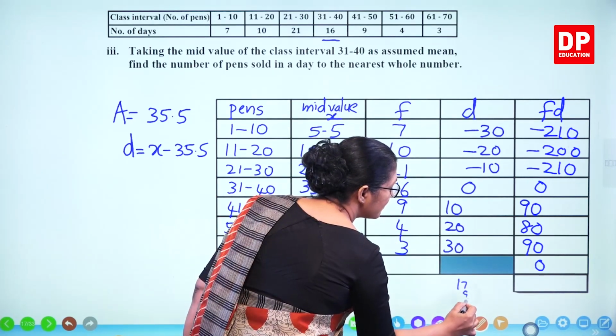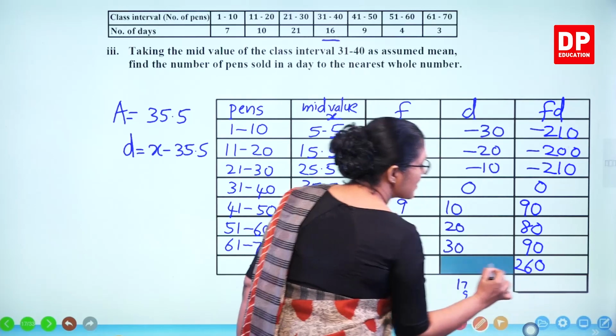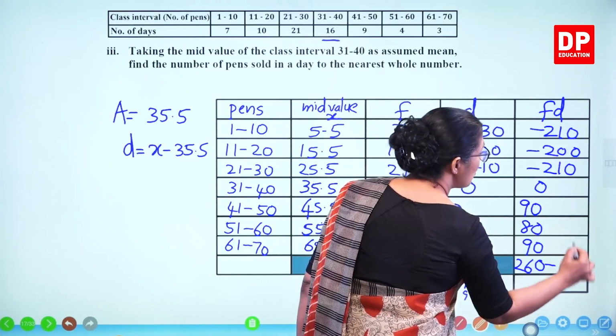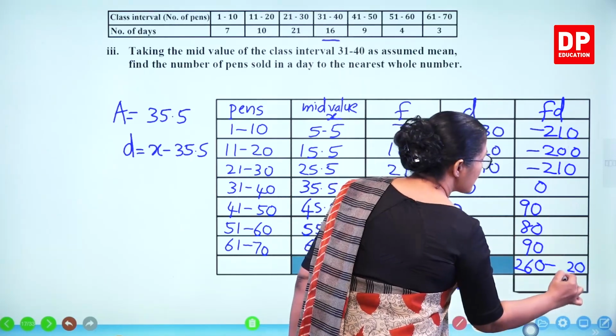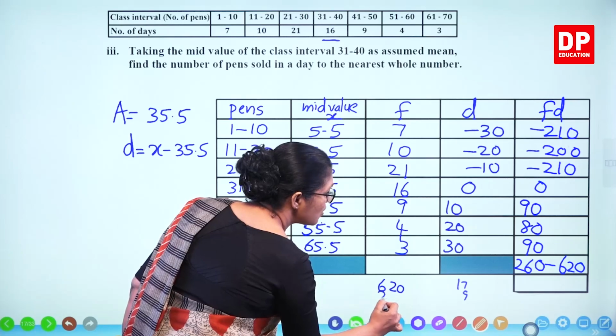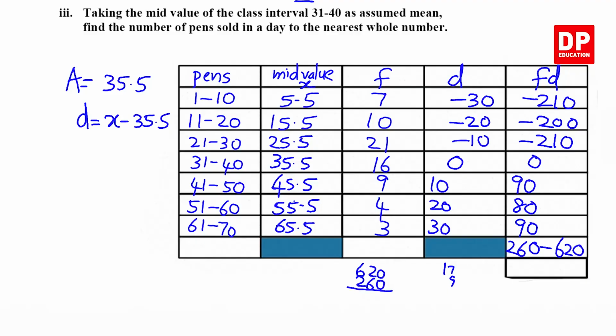Positive values: 90 plus 80 plus 90, 260. Negative values: 70, 210, 200, that's 480... So what's the difference? The negative value is bigger, so negative 220.